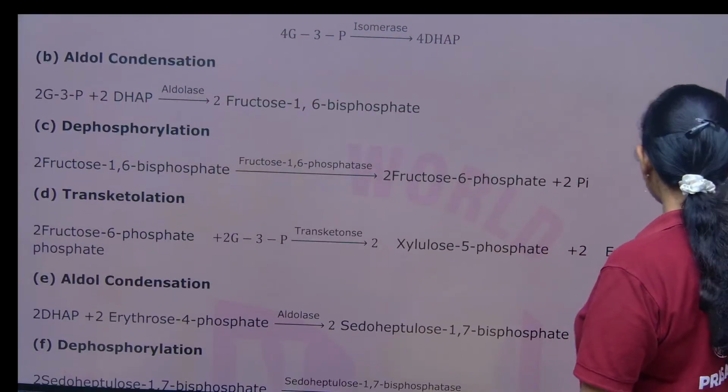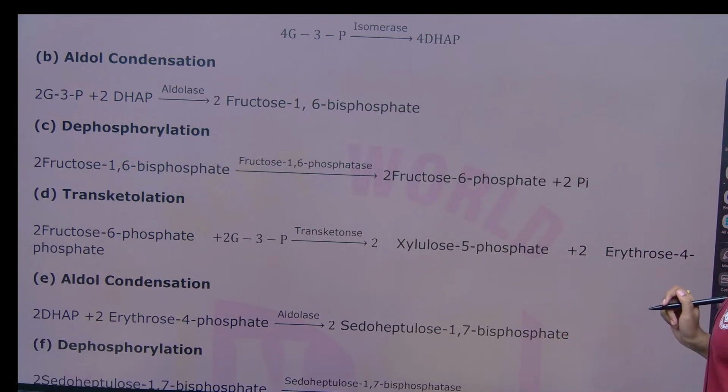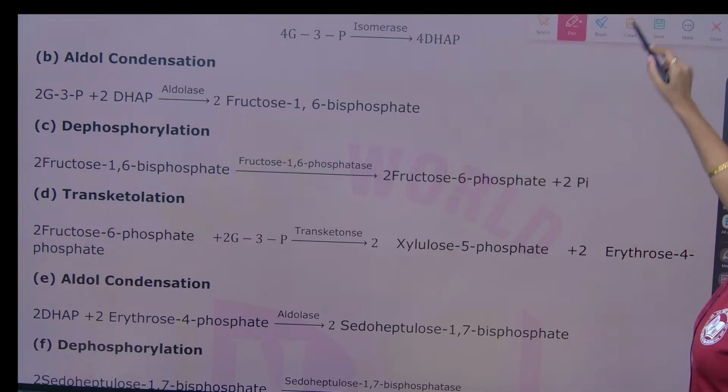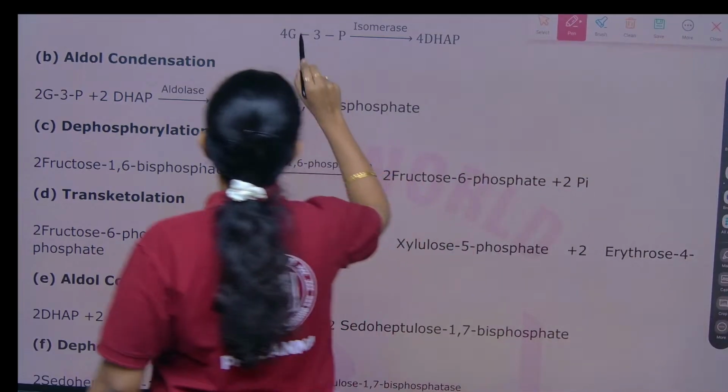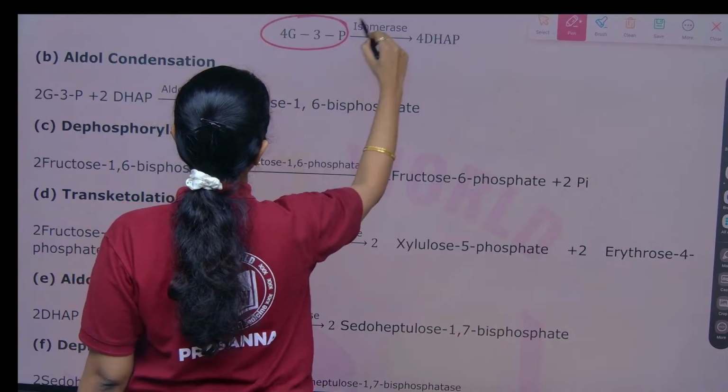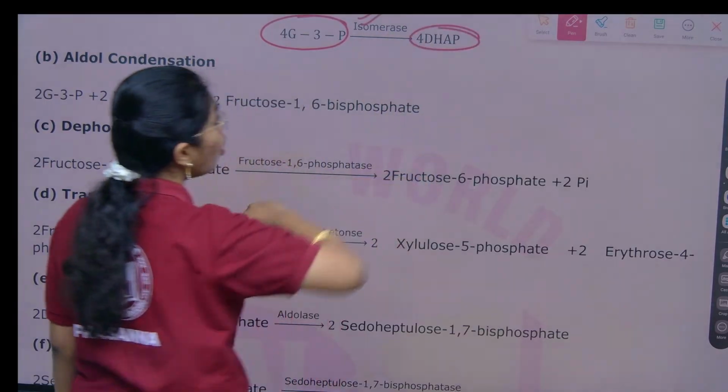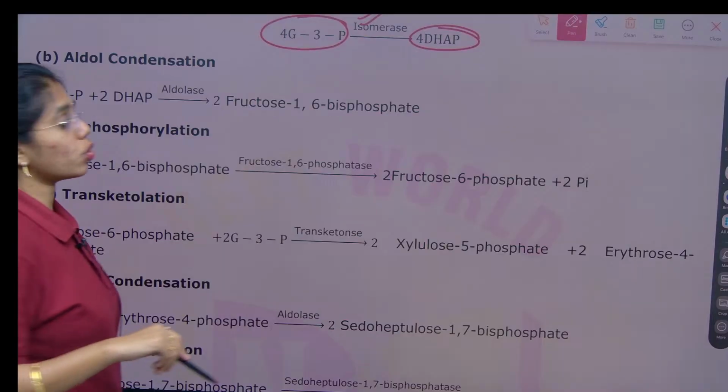Isomerization, here you see 4 glyceraldehyde 3-phosphate after isomerization will turn to 4 dihydroxyacetone phosphate.